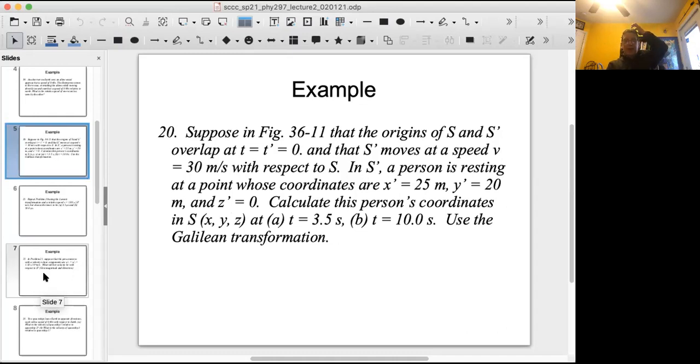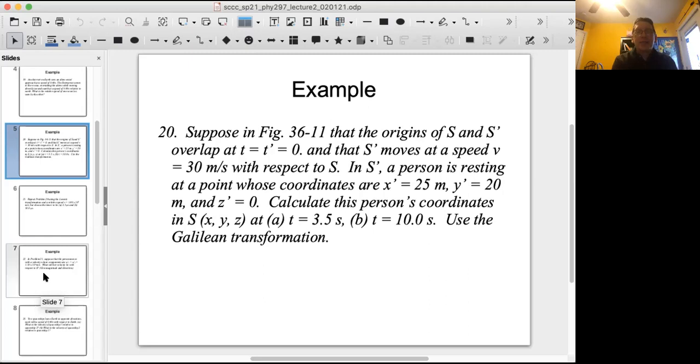So this one's not a relativistic problem. This is more of a relative position problem. So we're going to have S prime move to the right, and a person is resting in S prime.